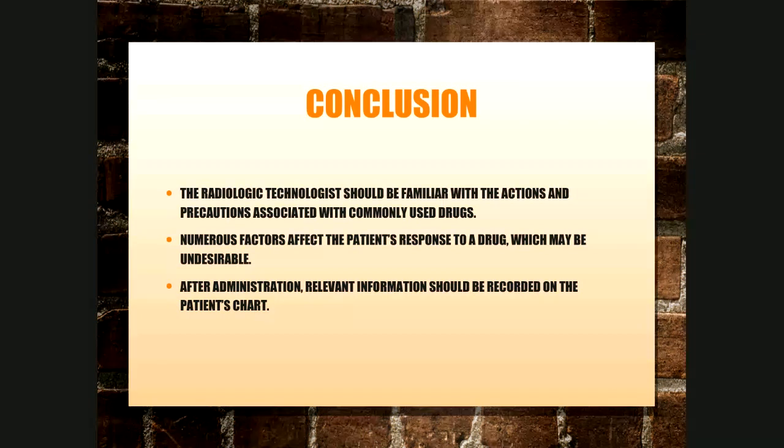And after they are administered, any relevant information should be recorded on the patient's chart, meaning whenever you give a patient a drug, whether it's an injection or an oral form, anything that is relevant should be recorded.